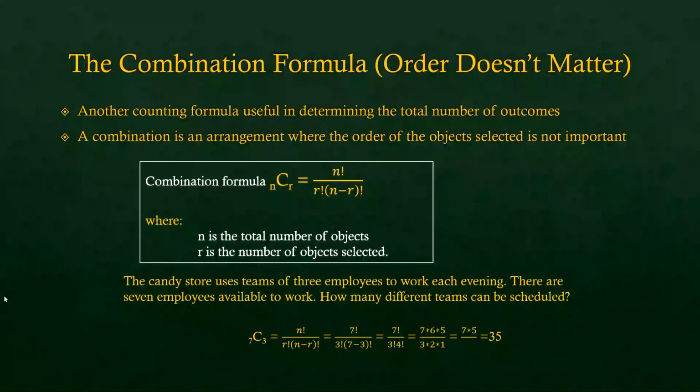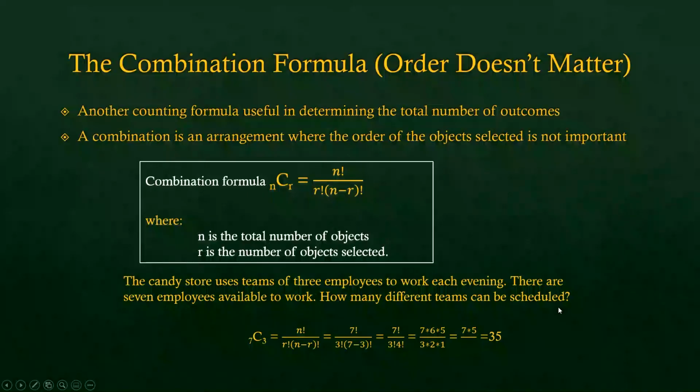Once again, what we're talking about is determining the total number of possible outcomes. When we determine the total number of possible outcomes, we can determine the probability of one very specific outcome. So for instance, what is the probability that one very specific group is going to be chosen?